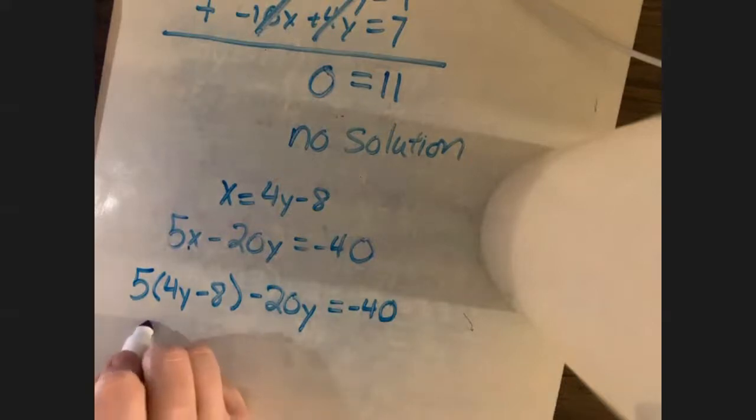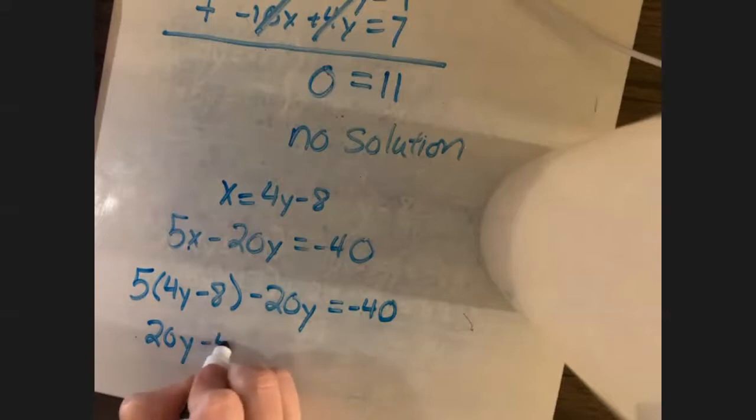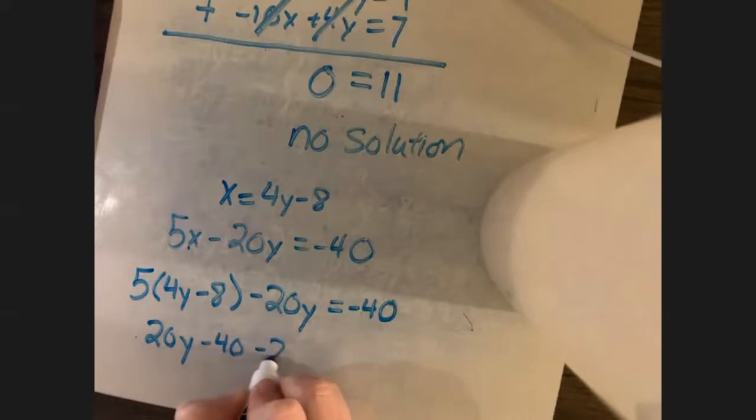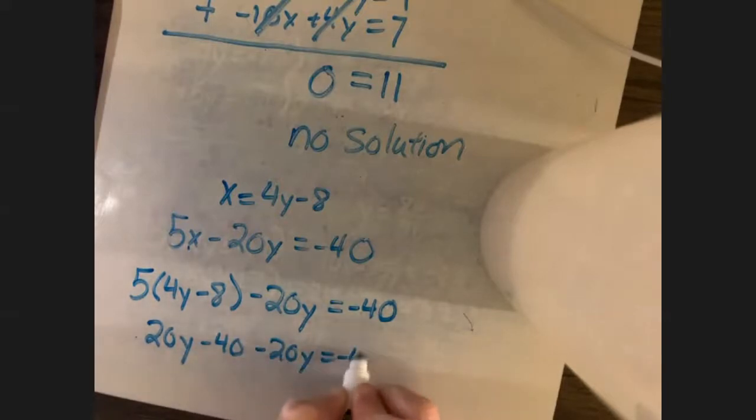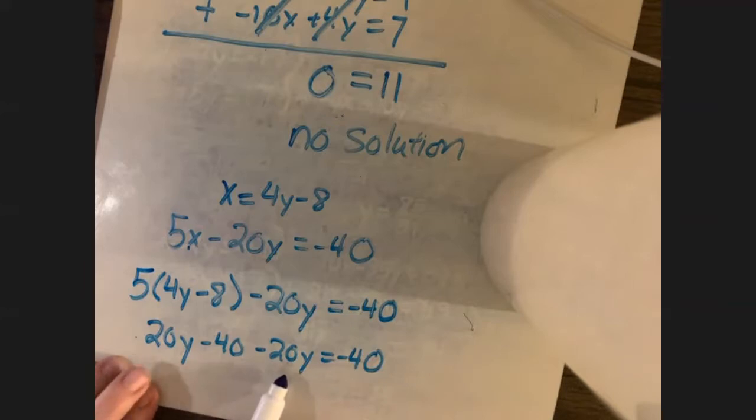Now we're going to distribute. Depending upon how much stuff you're going to do in this next step, if the only thing you do is combine your y's, I've got 20y and minus 20y, they're going to go away.